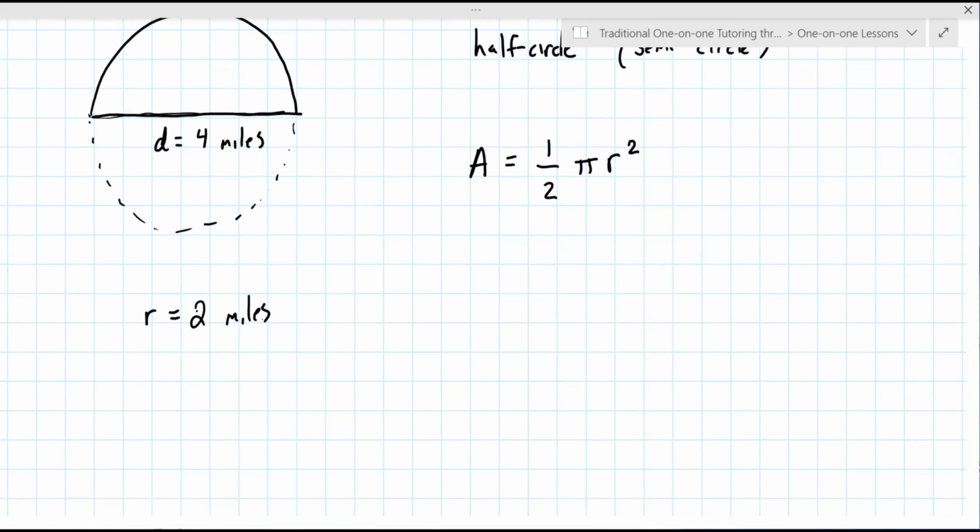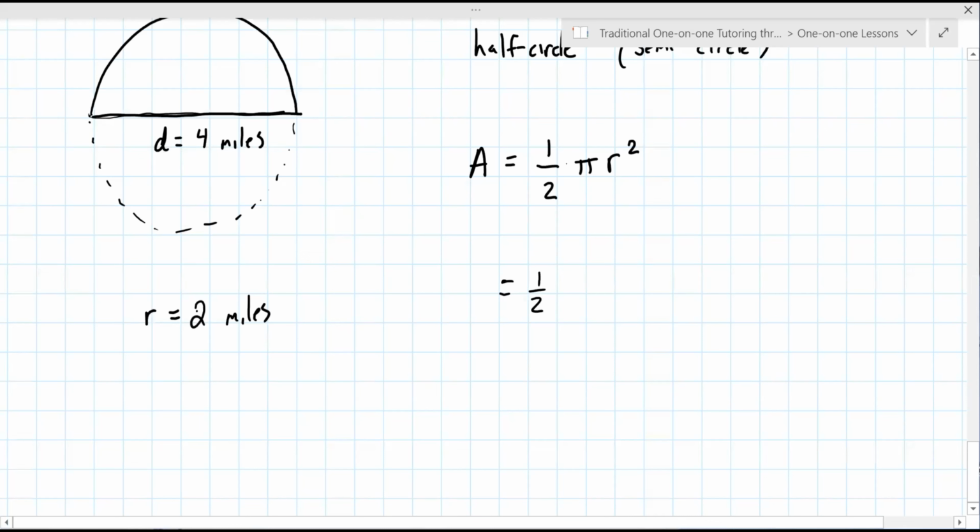The radius is 2 miles and the pi is 3.14. So first you need to multiply 3.14 times 2.